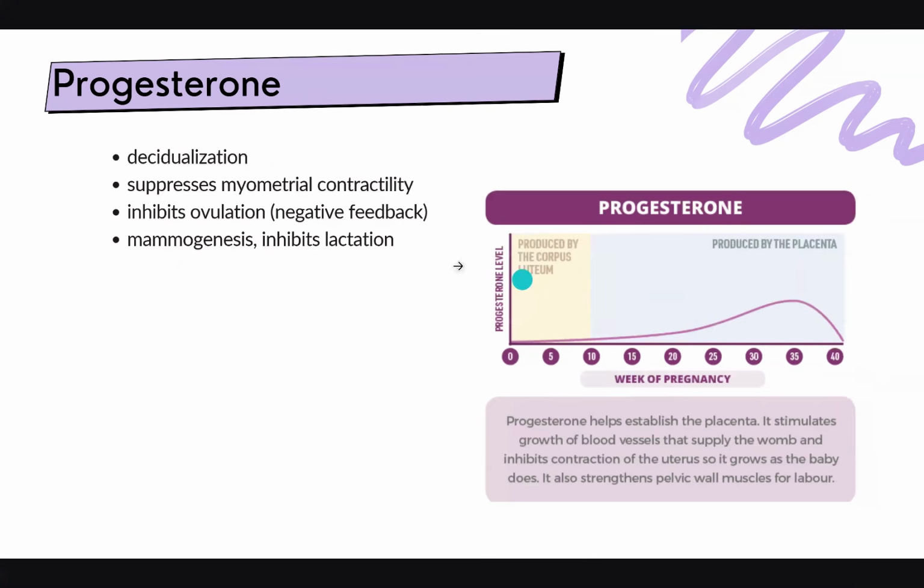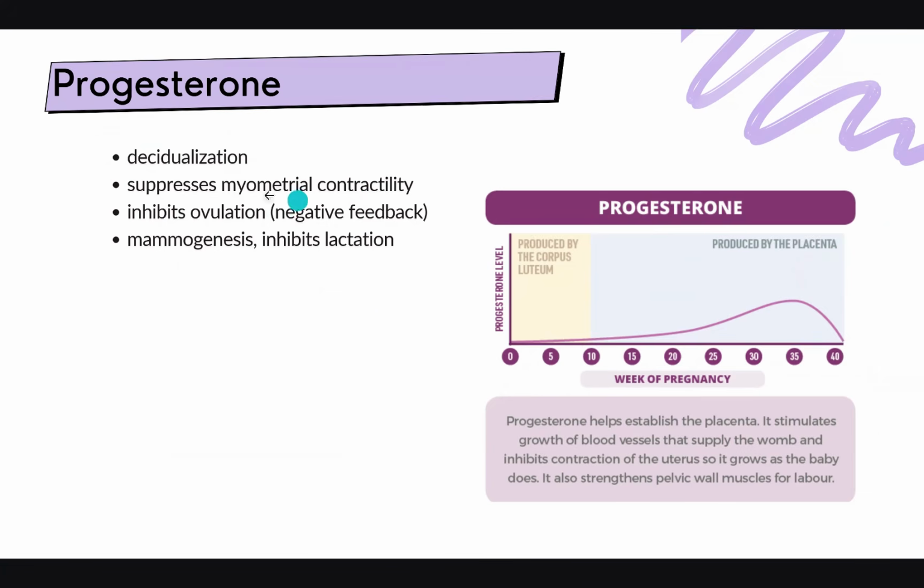Now, moving on to progesterone, which, as I mentioned before, after the placental luteal shift, is made by the placenta. So this is all made by the corpus luteum, and then the placenta starts making the progesterone. Now, progesterone is important for decidualization, which is the conversion of the uterine endometrium to the placenta, and it also suppresses myometrial contractility because you want to maintain pregnancy.